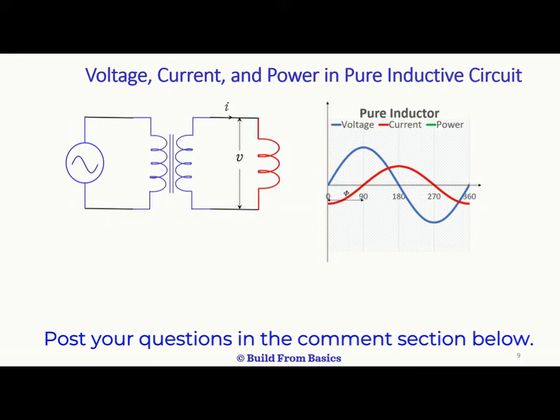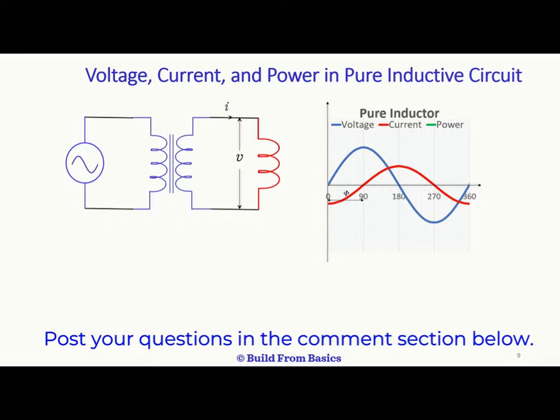Basically, you know that when a time varying voltage is applied across a pure inductor, an opposing voltage called back EMF is produced by the inductor due to its self-inductance. It's also called Lenz's law. This back EMF opposes and limits the current flowing in the inductor.